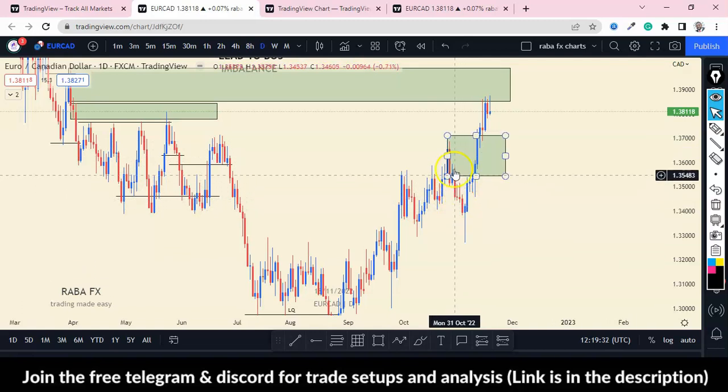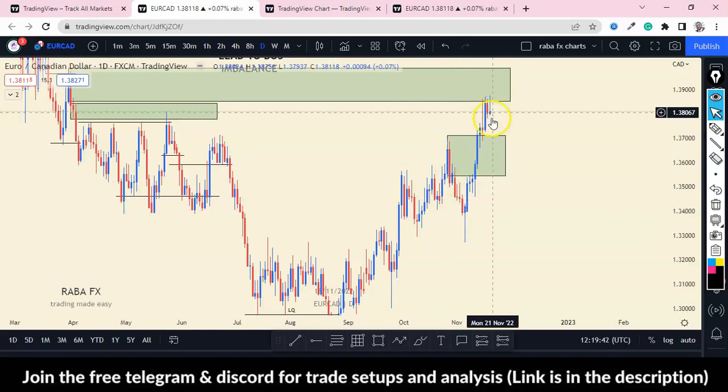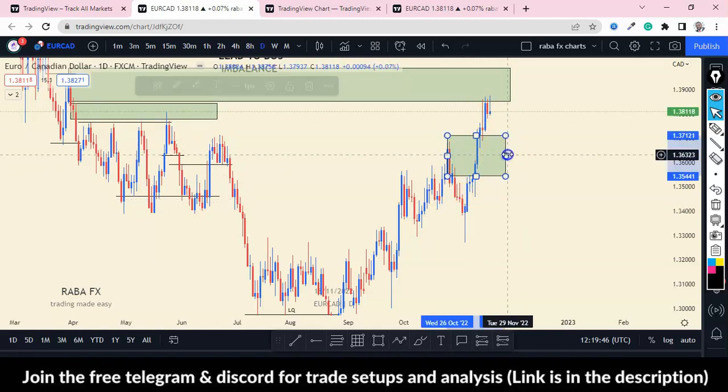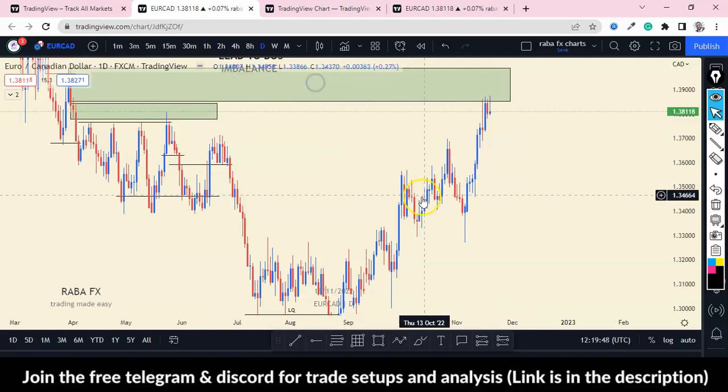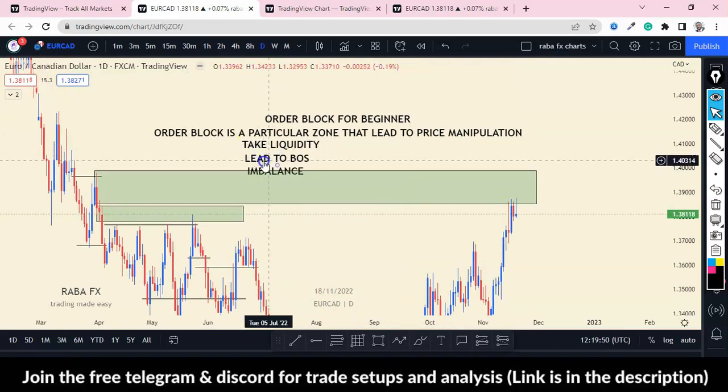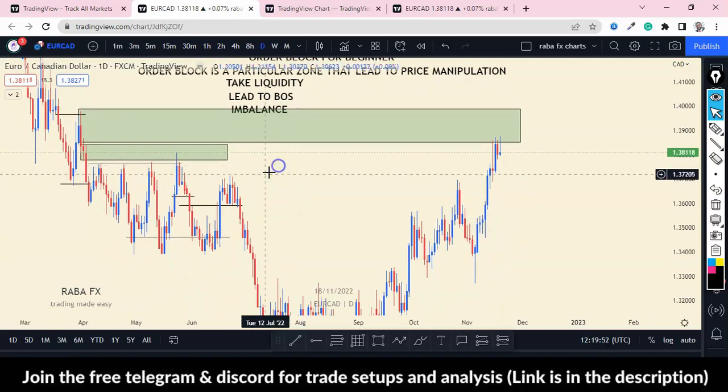Because there is no imbalance, this is price efficiency, and price efficiency simply means price might easily go through them, and that's what happened here. Price went up without even giving any form of reaction.